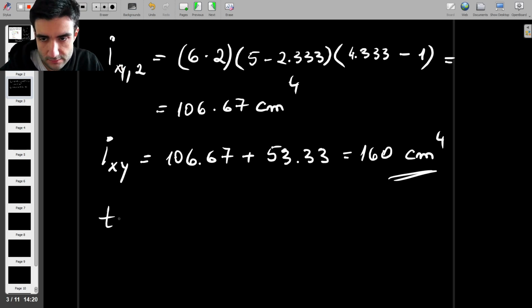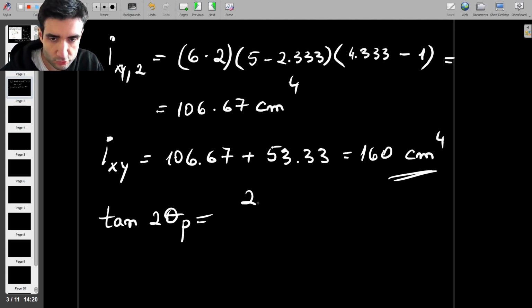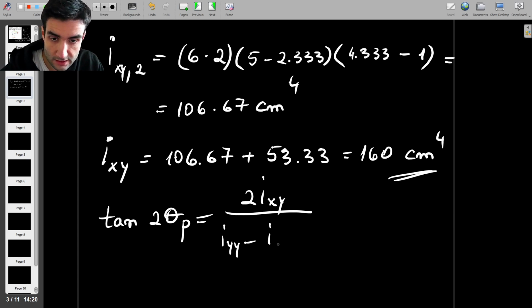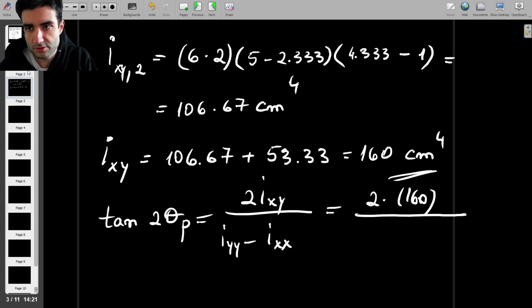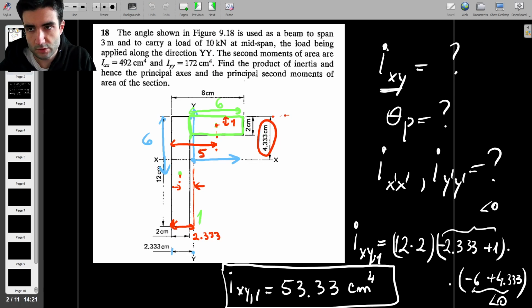And now to find the orientation of the principal axis, we have 2 times IXY over IYY minus IXX. So this is 2 times 160 over, and now the question actually tells us what's what, right?